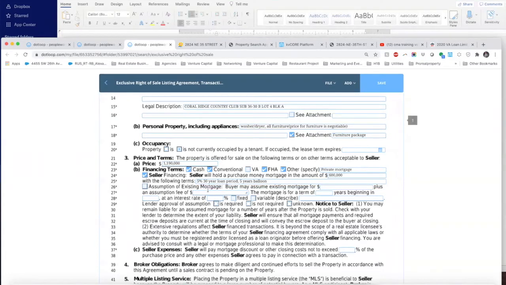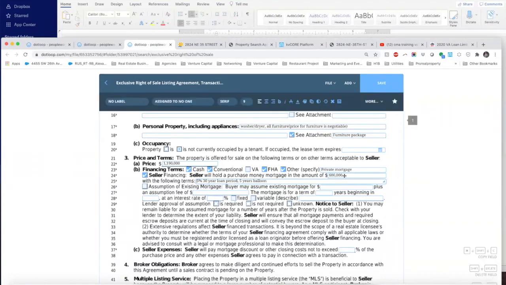Basically, I can offer $600,000 at 5% interest based on a 30-year loan period, but after 5 years, it will be a balloon payment, or they need to refinance with the bank. So I'll give them 5 years where they can build the history and pay this mortgage, and then they can go to the bank, and at 5 years, I will receive 600,000. And I can say no prepayment penalty.